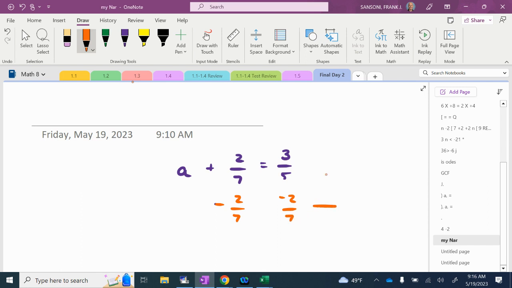What is my common denominator? 35. So I've got times 7, so that's 21. I've got times 5, so that's a negative 10. What is 21/35 minus 10/35? 11/35.